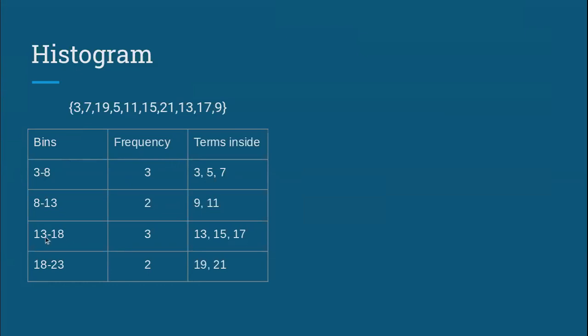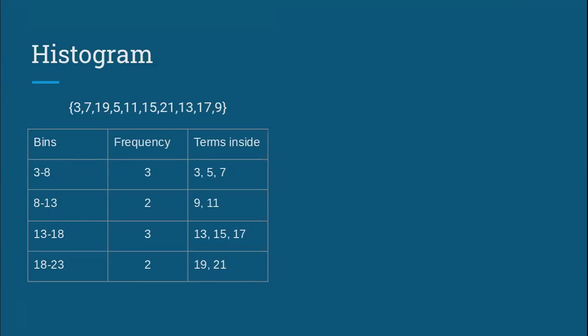So you see that 13 went in the bin from 13 to 18 versus it going in the bin from 8 to 13. Okay? So again, these are the terms that you would be counting in each of the bins, and the bins are merely groups. It's just a way for you to group the data. And that's the frequency table, if you did it that way.